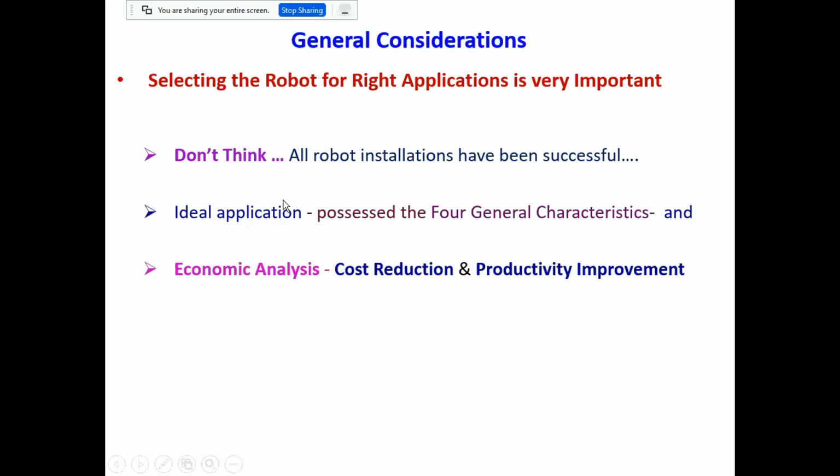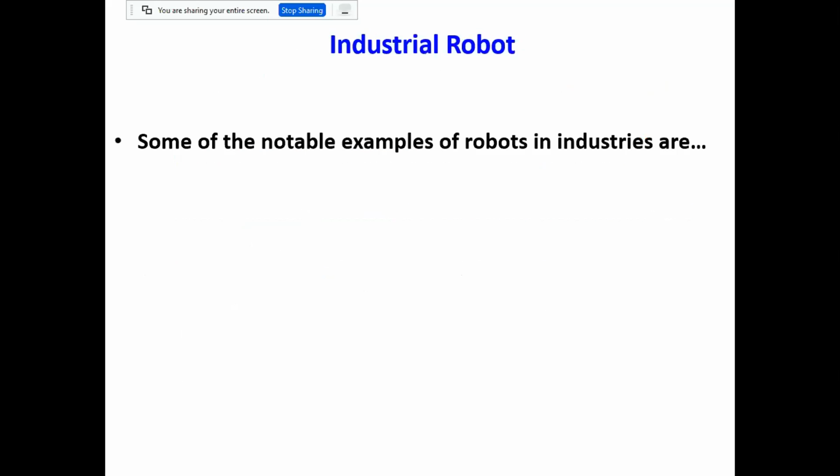An ideal application would be one which possesses the 4 general characteristics: hazardous, repetitive, difficult handling, and multi-shift. Use the robots. Please remember, economic analysis is a must, meaning what is the cost reduction and what is the productivity improvement by installing the robot, before going to use the robots.